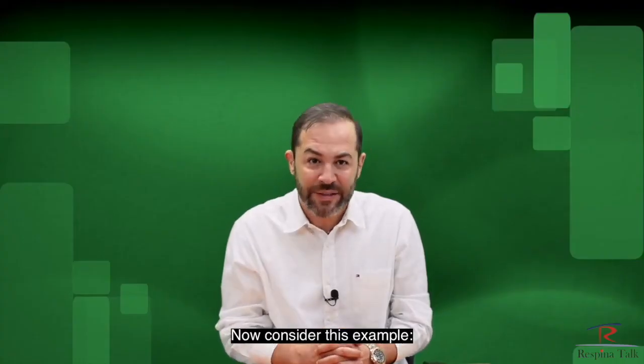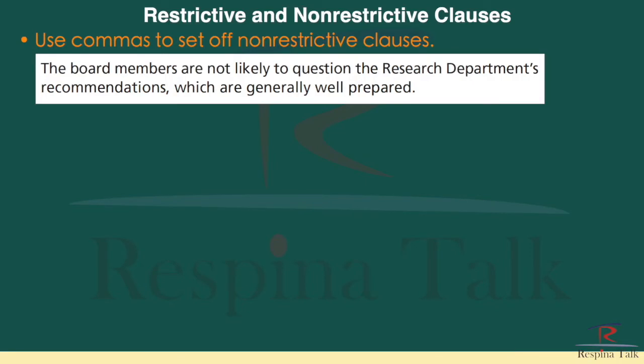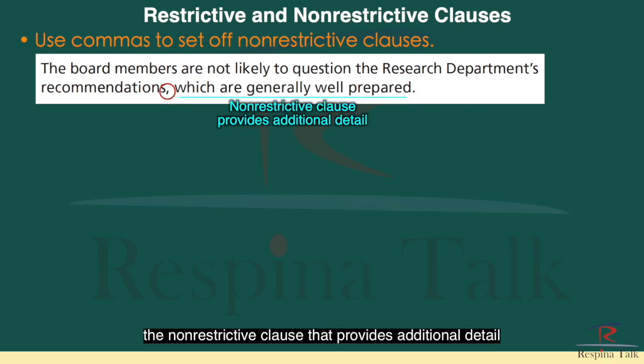Now consider this example. The board members are not likely to question the research department's recommendations, which are generally well prepared. A comma sets off which are generally well prepared, the non-restrictive clause that provides additional detail.